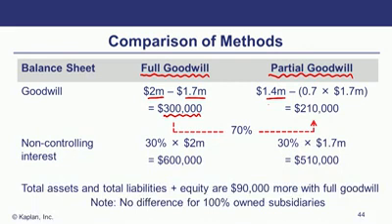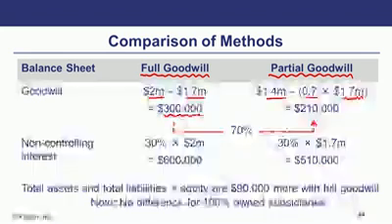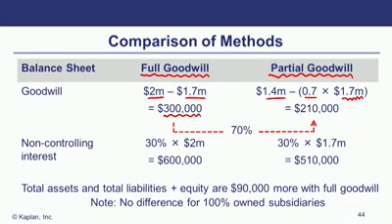So we're going to take 100% of the net assets after fair market value adjustments, the 1.7 million, and multiply it by our 70% share to get our share of the identifiable net assets. So if we take 1.7 million times 70%, then we're left with 1,190,000. So 1.4 million minus 1,190,000, that gives us our partial goodwill figure of 210,000.